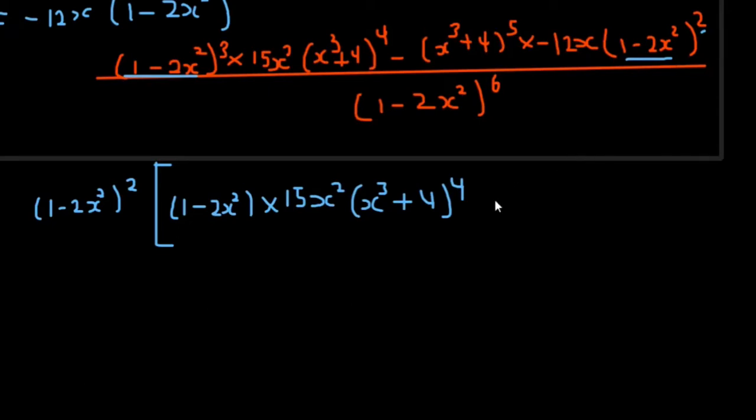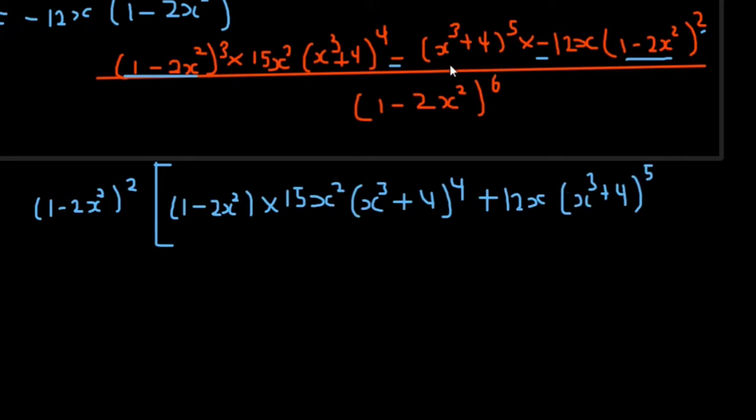So I will now have minus. Let's first consider this minus sign, then this minus sign. Since they are multiplying, they become positive. So that's plus 12x into bracket (x to the power 3 plus 4) all to the power 5. Okay, so that's all.